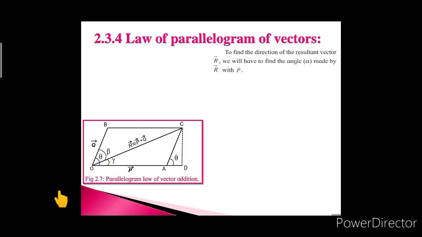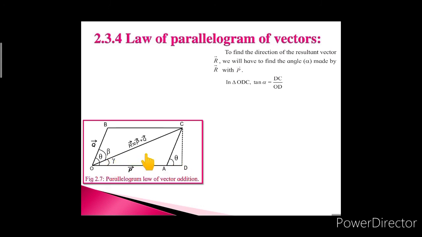So over here we are supposed to consider the triangle ODC. In this triangle we can write down the value of tan alpha, as tan alpha is nothing but opposite upon adjacent.